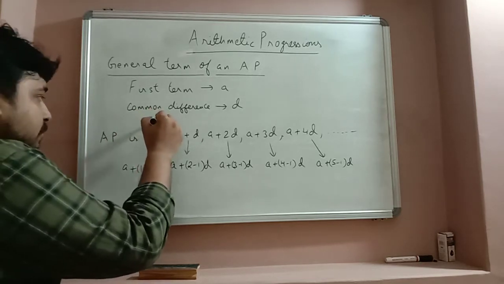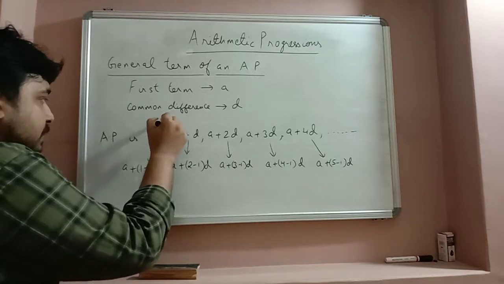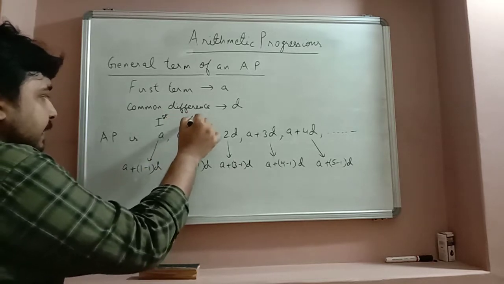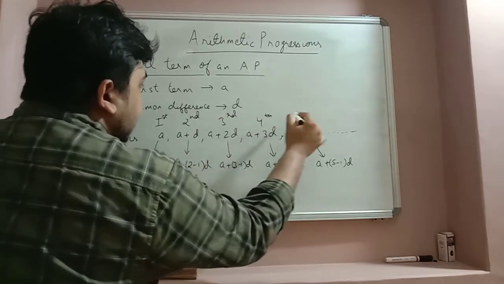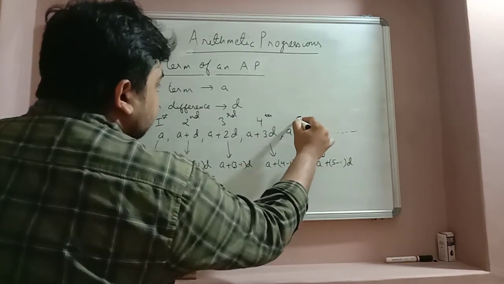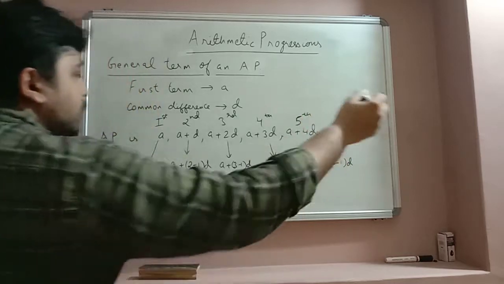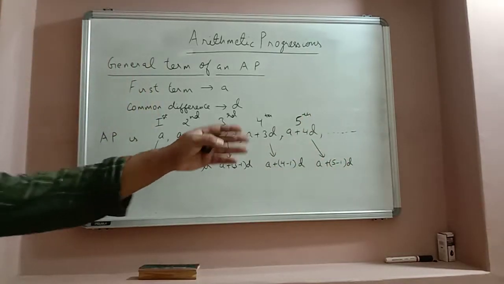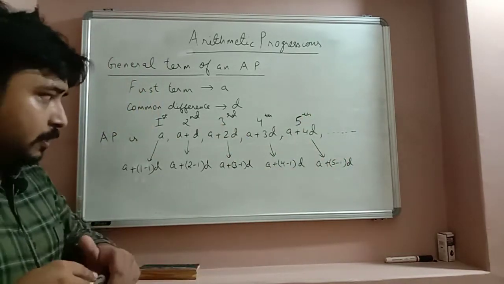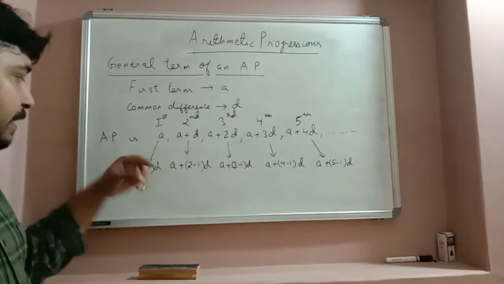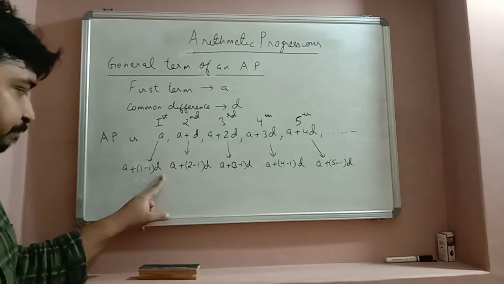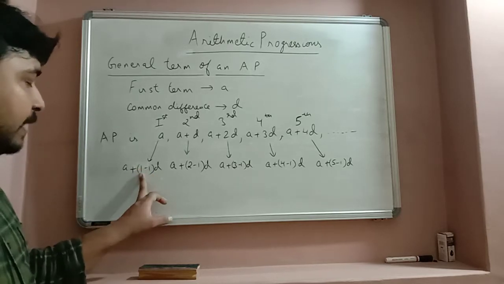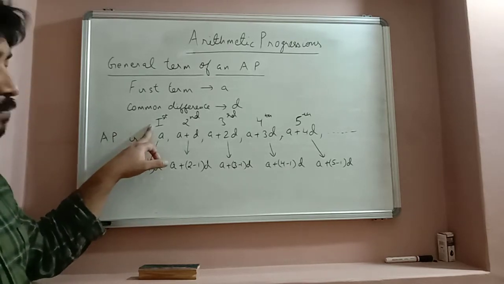Now, see students, this is our first term. This is our second term, this is our third term, this is the fourth, and this is the fifth term. And so on, we will have some more terms. Now the first term we are writing as a plus (1 minus 1) into d. So I have used 1 when it is the first term.